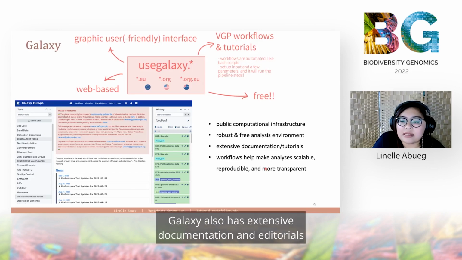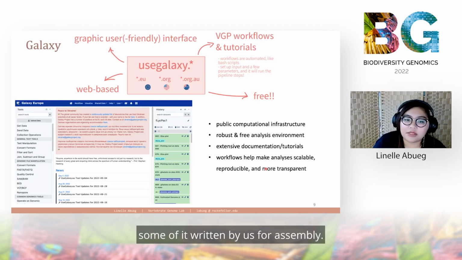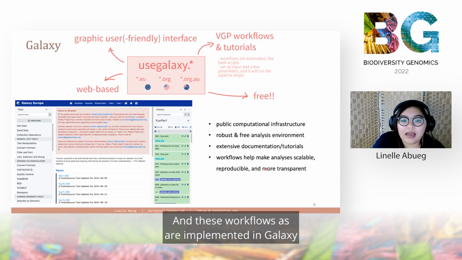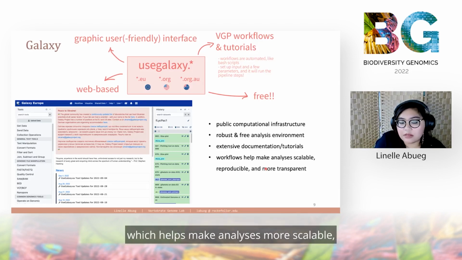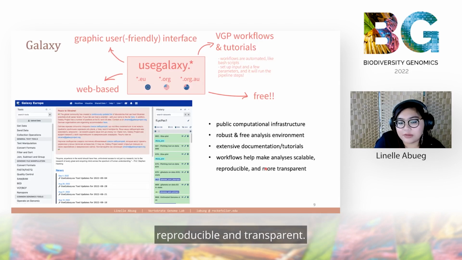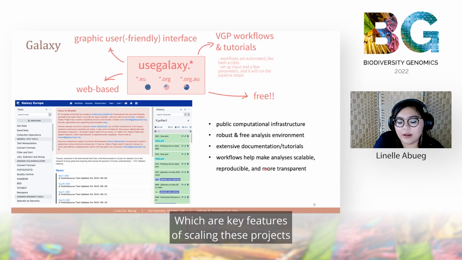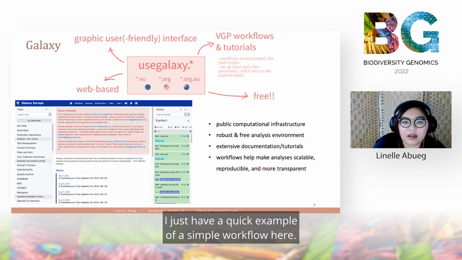Galaxy also has extensive documentation and tutorials, some of which were written by us for assembly. And these workflows, as they're implemented in Galaxy, are super portable, which helps make analyses more scalable, reproducible, and transparent, which are key features of scaling these projects up to multinational and multi-species scales.